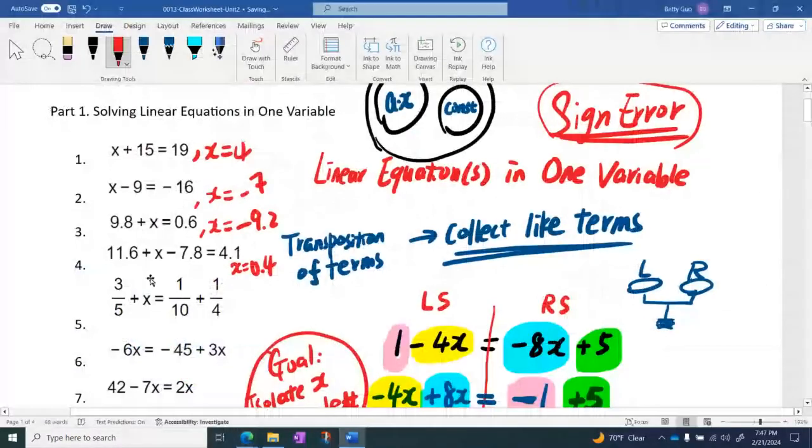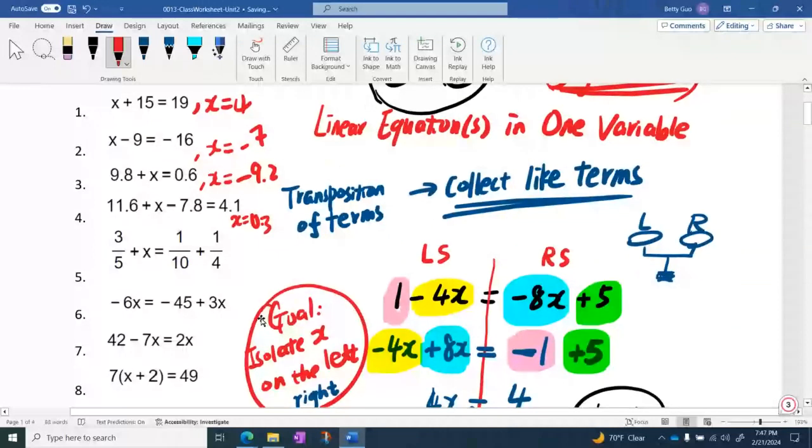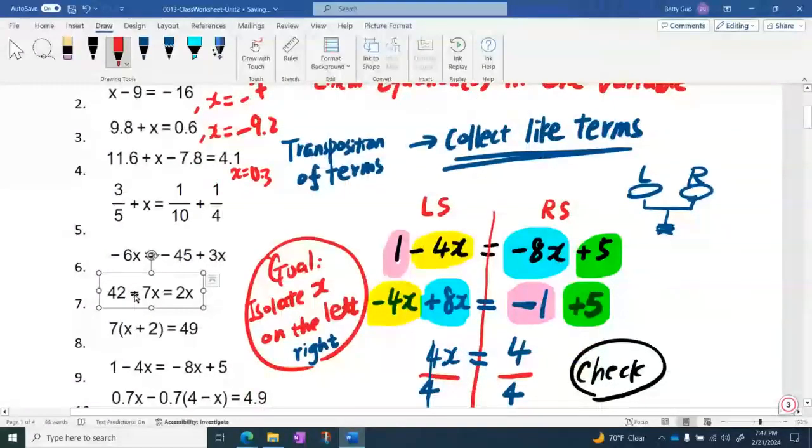Let me do it again. 11.6 minus 7.8, 3.8. Oh, yeah, you're right. 11 minus 8 is 3. My bad. 0.3. Okay.